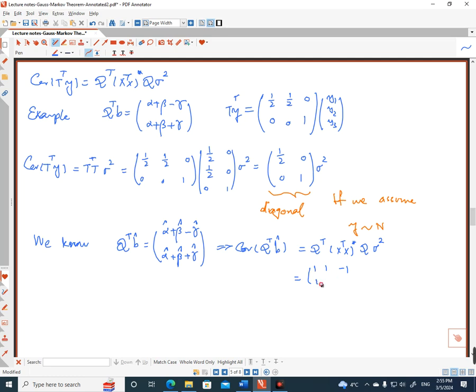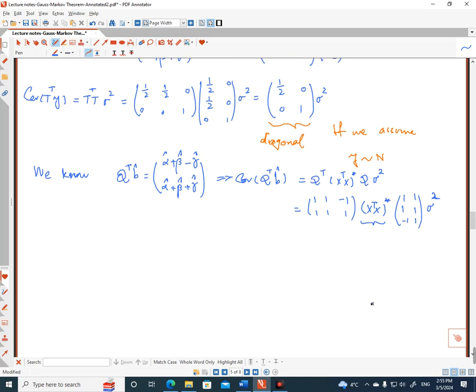It's a coefficient, we have it, and then the generalized inverse of X prime X, and then the transpose matrix of Q prime sigma square. But the problem arises when we want to compute the X prime X generalized inverse. Indeed, we need to compute this generalized inverse.